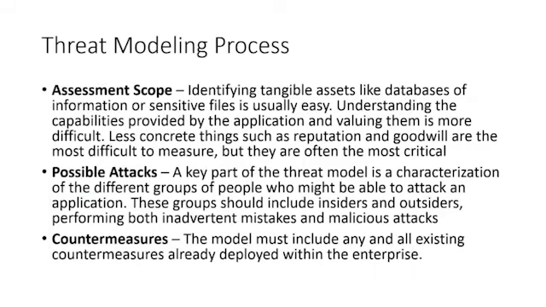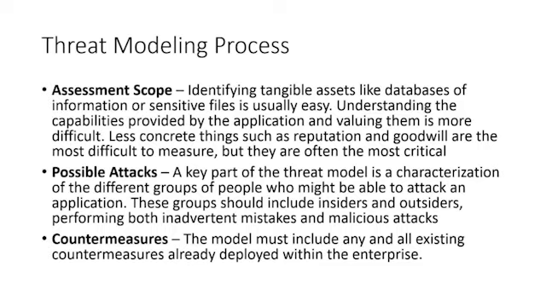Another term, possible attacks. So a key part of the threat model is the characterization of different groups of people who might be able to attack an application. Now, these could be insiders. They could be outsiders as well, and a lot of the times they are. And it could be inadvertent mistakes, accidents, or malicious attacks. But we have to think of the possible attacks or the possibility of which threats are coming to get us, if you will.